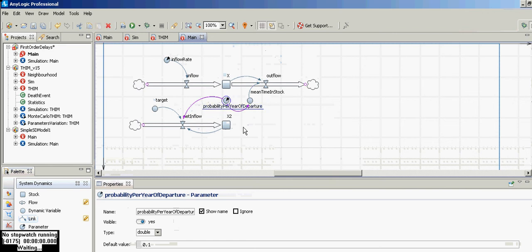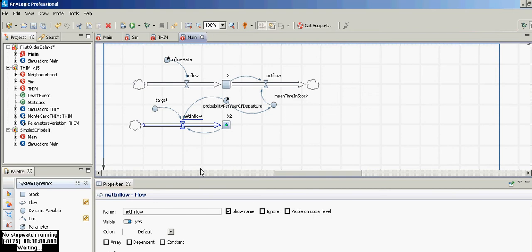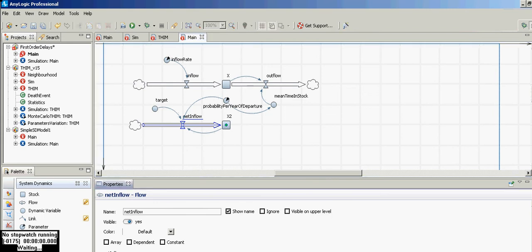We're going to want to increase x2 if target is bigger than x2. If the thing we're shooting for is above x2, we want to raise x2. That means we want the net inflow to be what? Positive or negative? If we want to raise x2, the net inflow is positive.